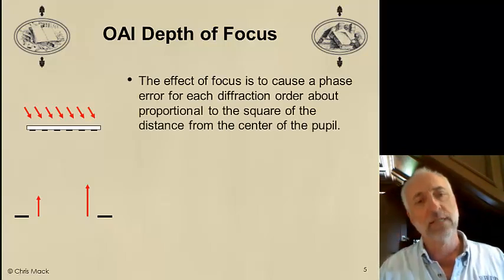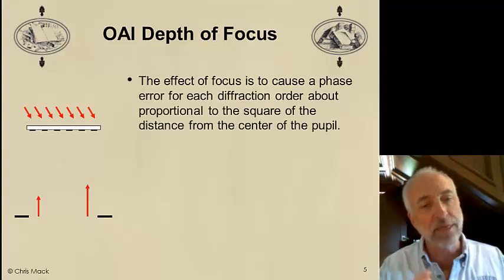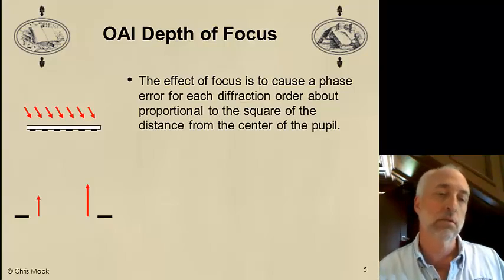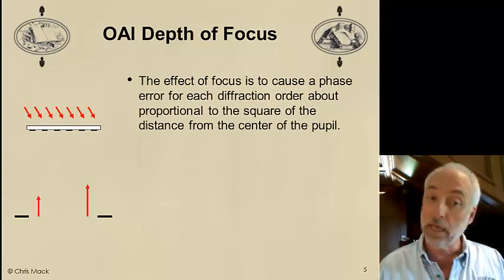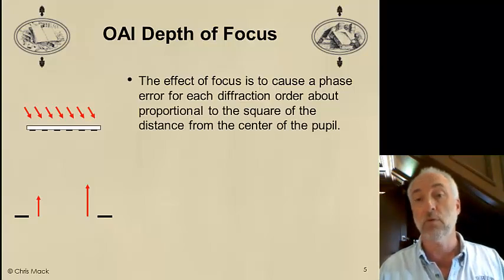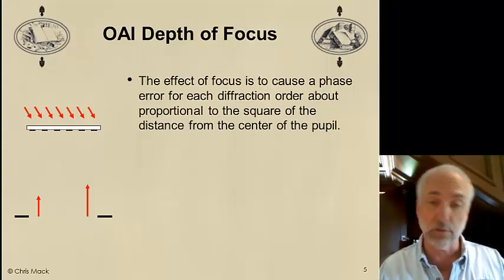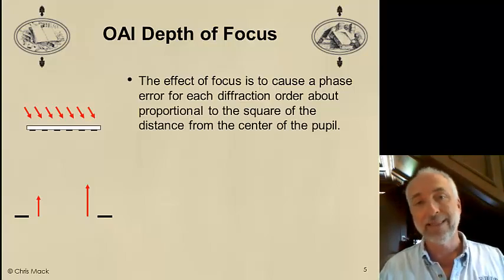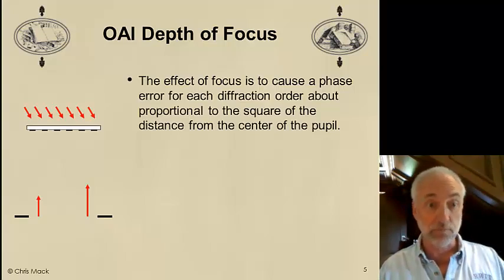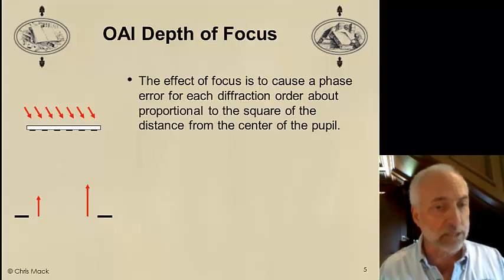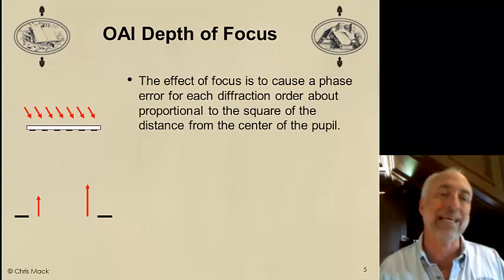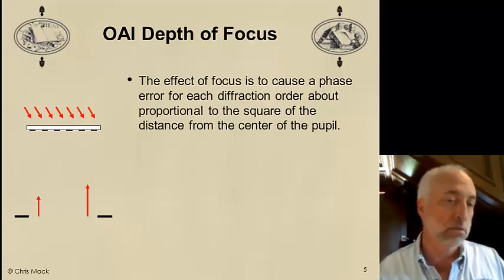Now, what is the effective focus on this particular set of diffraction orders and on the particular image that we'll be making from these orders? Well, we also saw in a previous lecture that the effect of going out of focus was equivalent to saying that we're adding a phase error to the pupil function.